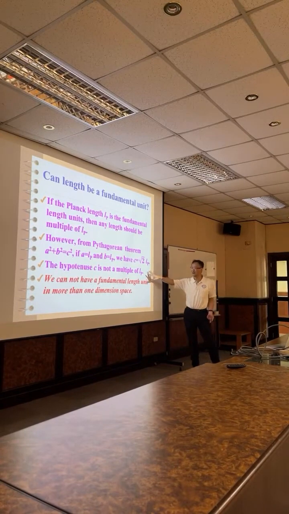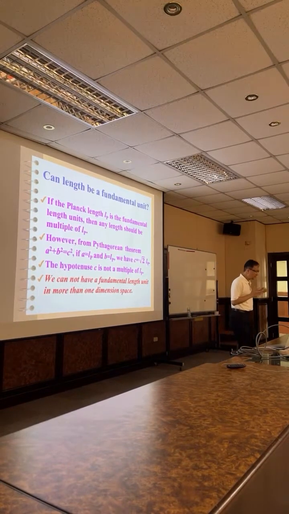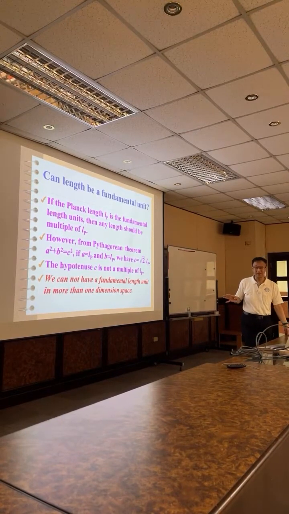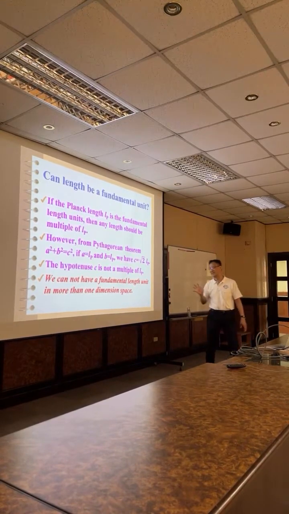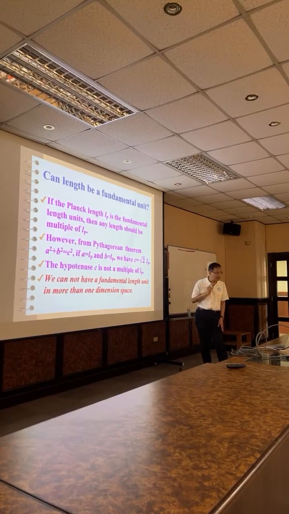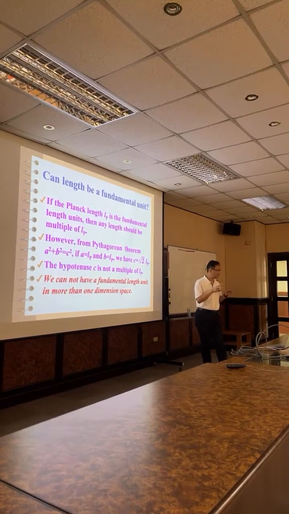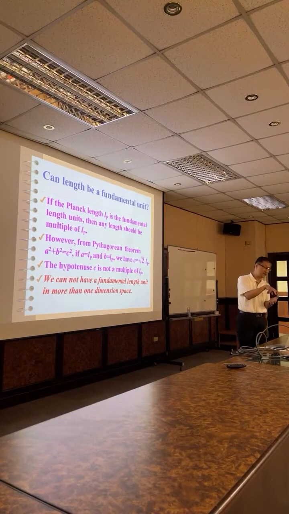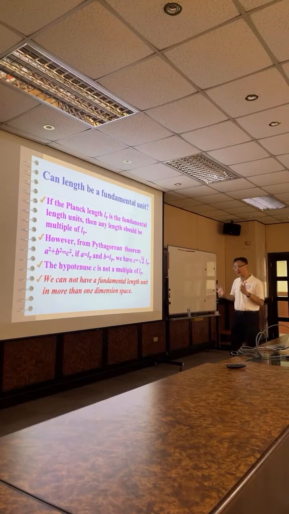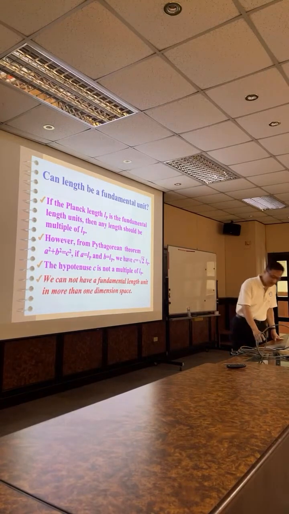Then c, the hypotenuse, equals the square root of 2 times L. The square root of 2 is not a multiple of 1 or 2; it's 1.4. That means you have something that's 0.4 of the fundamental length. That's strange. So we cannot have length as a fundamental unit in more than 1 dimension. In 1 dimension, yes, we have 1 Planck length, 2 Planck lengths, 3 Planck lengths. But with 2 or 3 dimensions, we cannot have that. So length is not very fundamental.